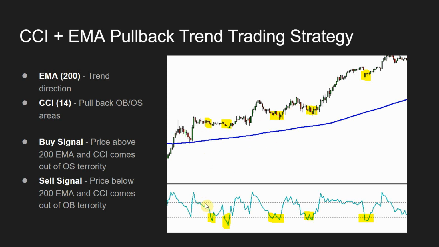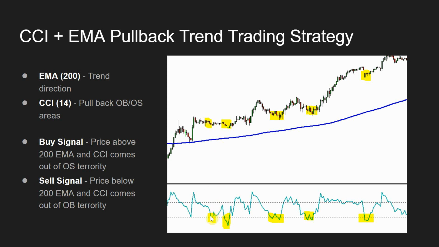So when the CCI goes into oversold territory in this particular example, and when it comes out of oversold territory, you'll see that the EA will calculate to see if price is above the EMA, and if it is, it will take a buy signal at that level.